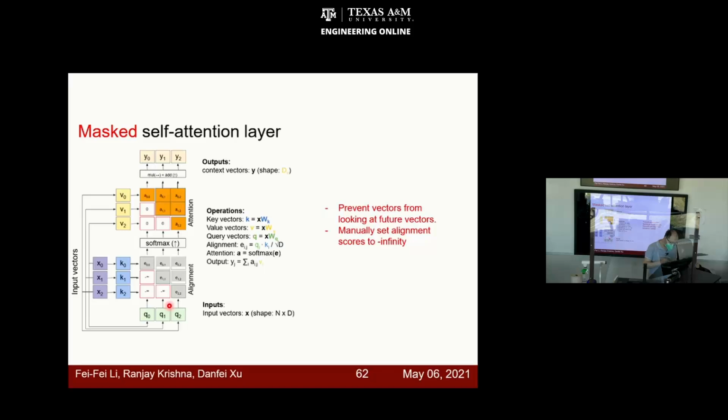In other words, you are preventing, for instance, when you are querying Q0, you are only allowed to use key 0. And you are not allowed to use key 1 and key 2 because they are in the future. This is the present, this is the future if t equals 0. So for the first query, I'm only allowed to look at the first, x0.